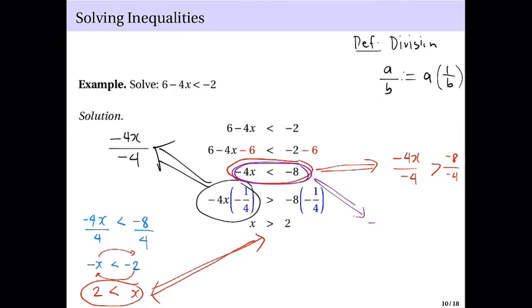So they have something like this: -4x divided by -4, they don't change the inequality, and -8 divided by -4. And then when they simplify this, that's the only time they reverse the inequality.